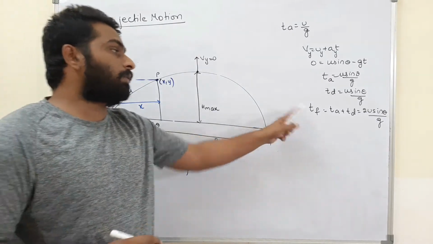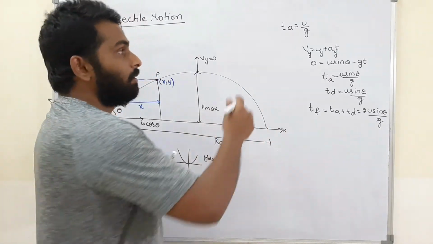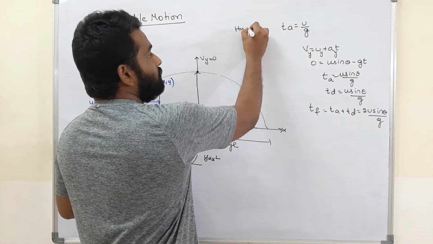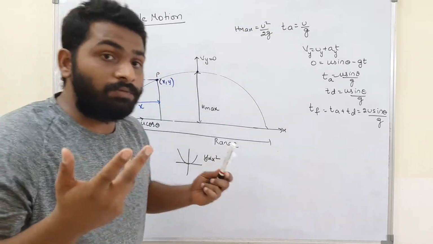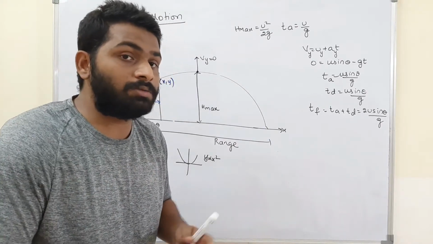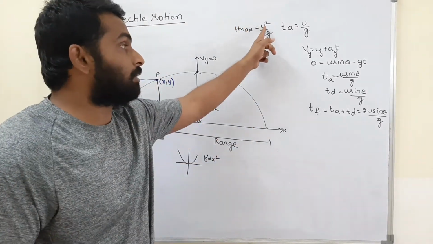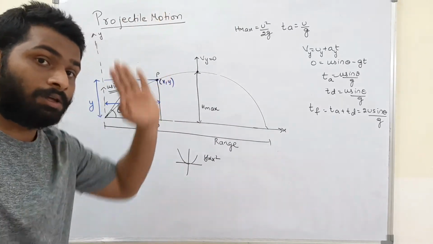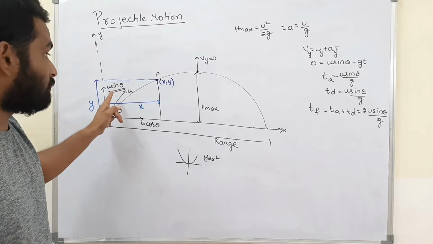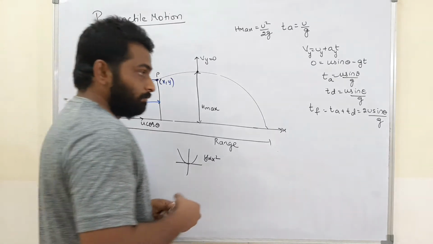Now, they told us to find the maximum height. How can I find the maximum height? Do you remember? U square by 2g. Because of which velocity is the body moving vertically there? That is u. Here, because of which velocity is the body moving vertically? The body is moving vertically because of the velocity u sin theta. What is the maximum height?